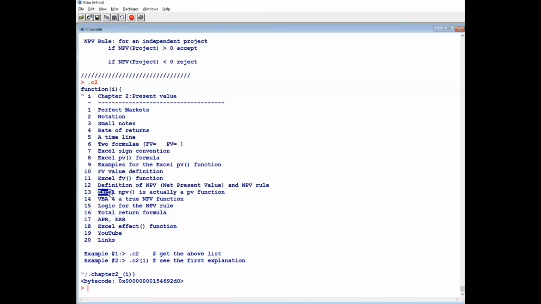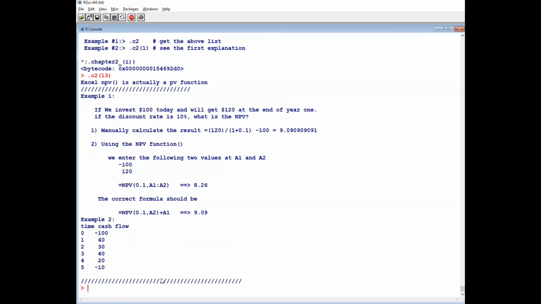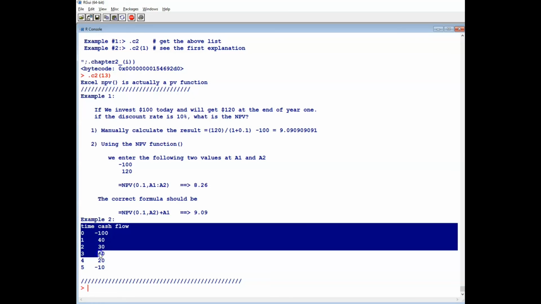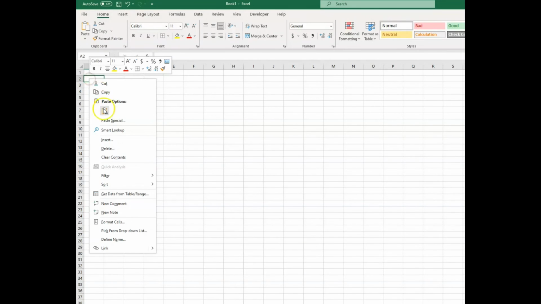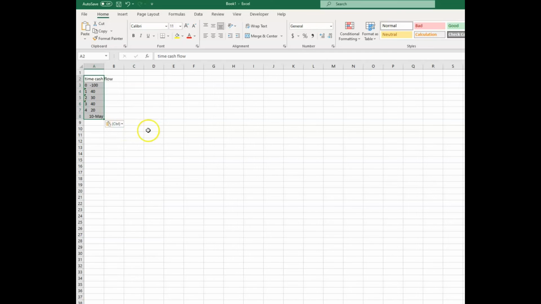We are going to use one example to show you how to calculate NPV. So this is C213. I'm going to copy and paste to Excel. 0, 1, 2, 3, 4, 5.